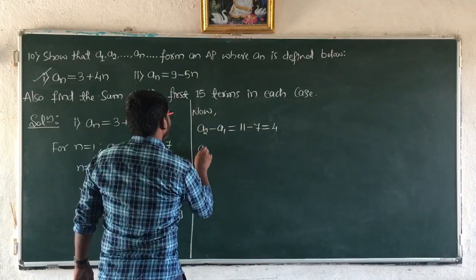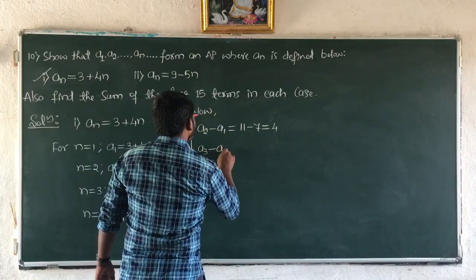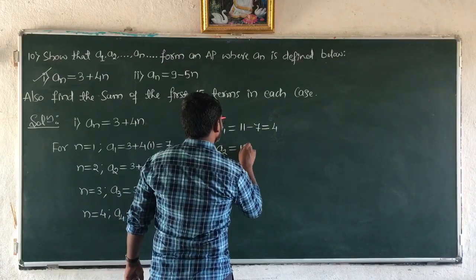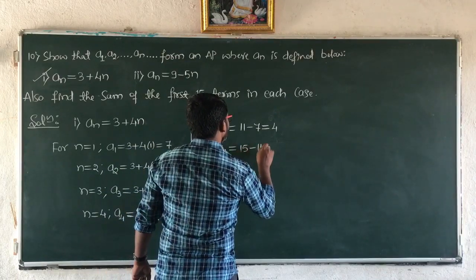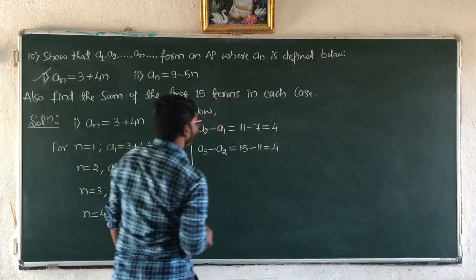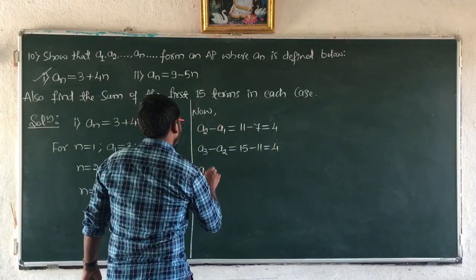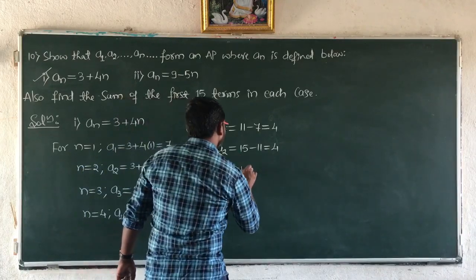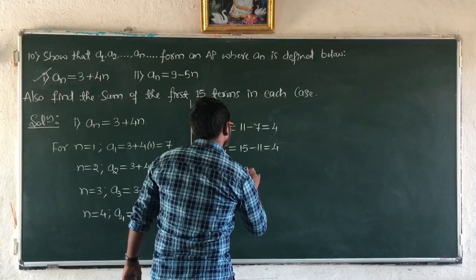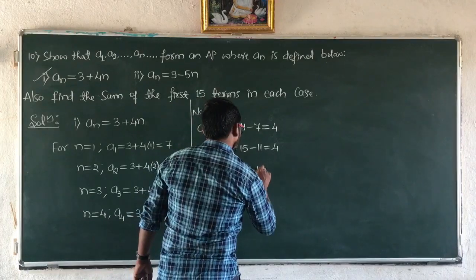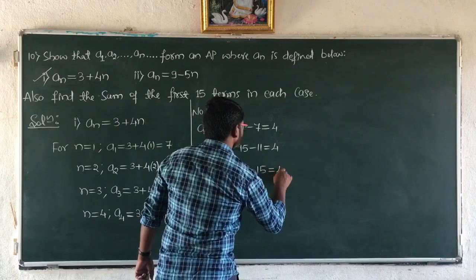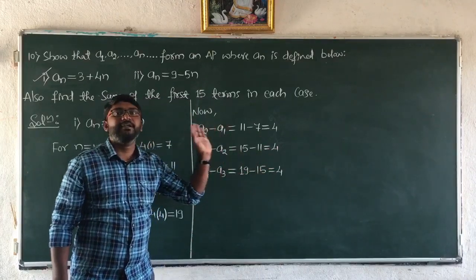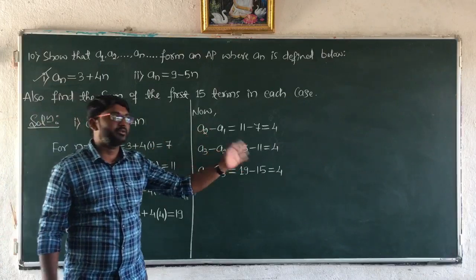Then a3 minus a2 is equal to 15 minus 11, which is equal to 4. Then a4 minus a3 is equal to 19 minus 15, which gives us 4. So see here, we are getting the same difference. Therefore, it forms an arithmetic progression.